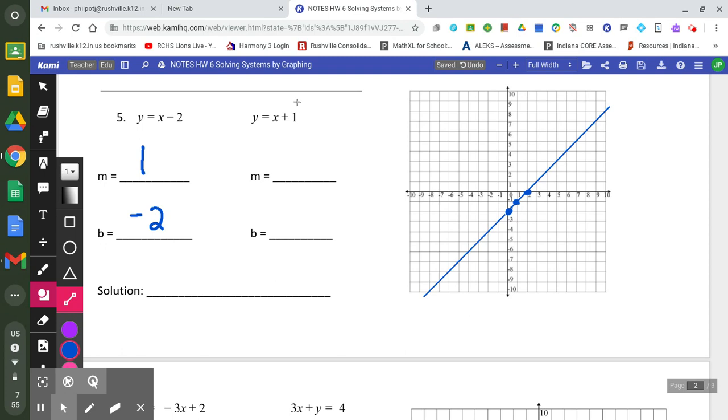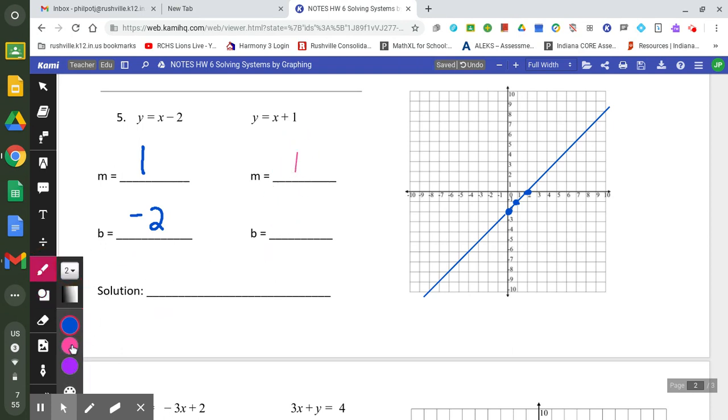And then on this equation, my slope is 1, and my y-intercept is 1. So I start at the 1. I'm going to go up 1 over 1, up 1 over 1, and then I'll draw my line.